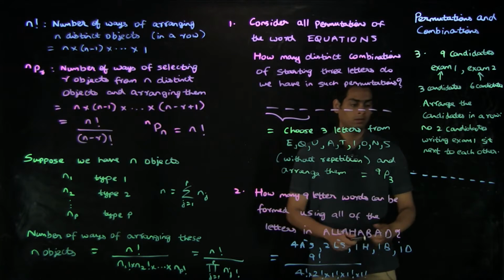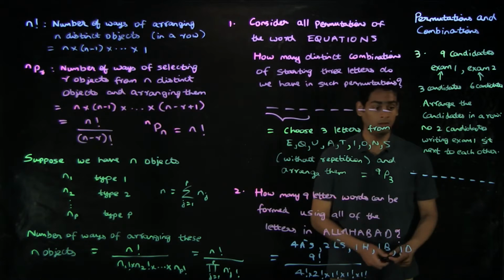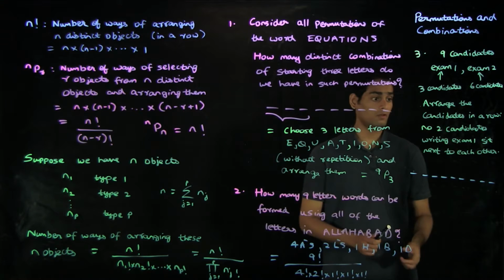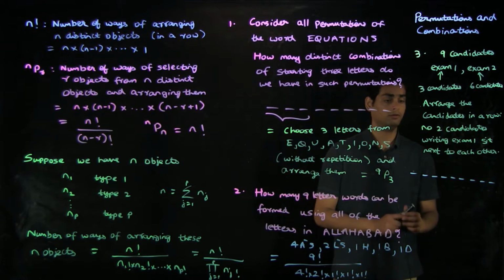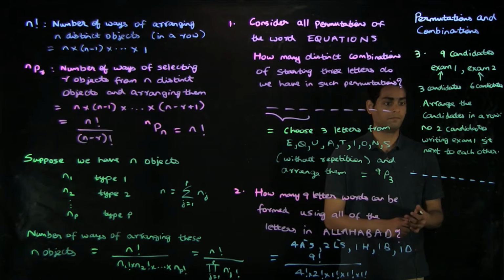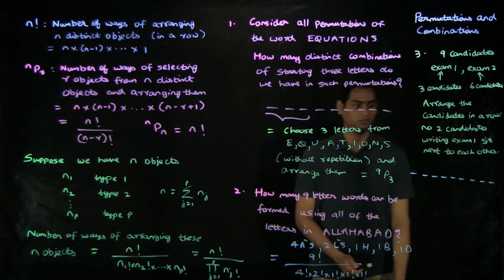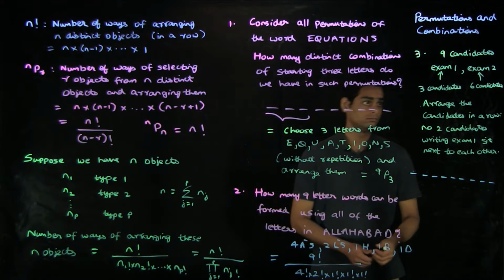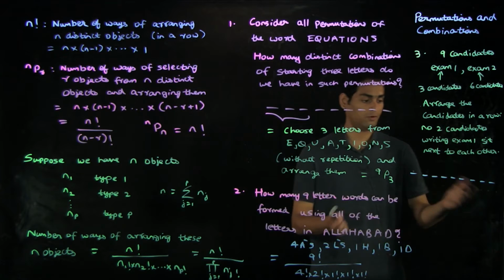So one of the easiest ways to approach this problem is to first fill in the candidates who are writing exam 2, since you have 6 of them.